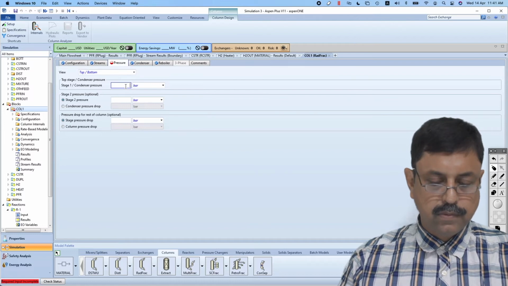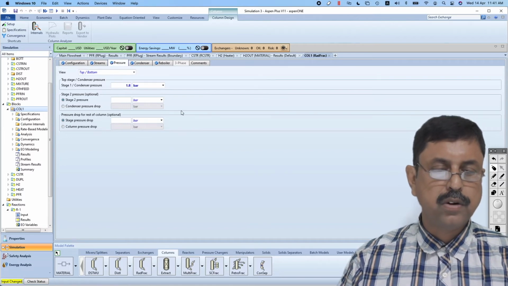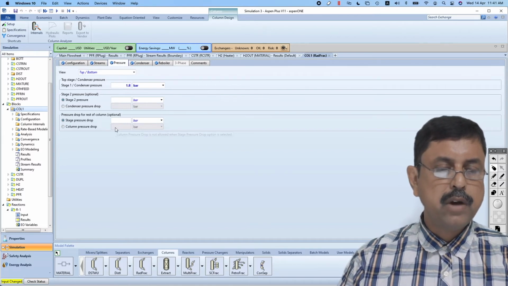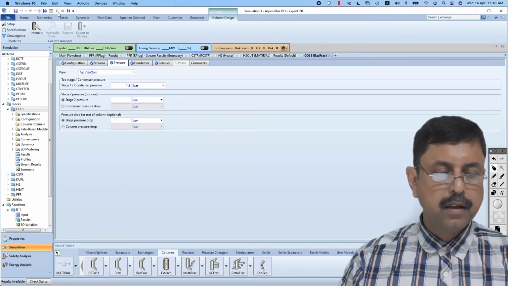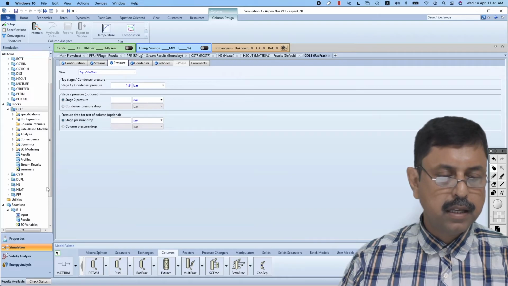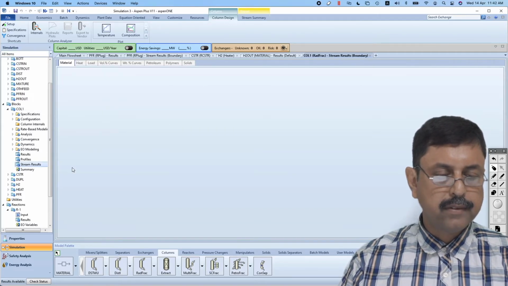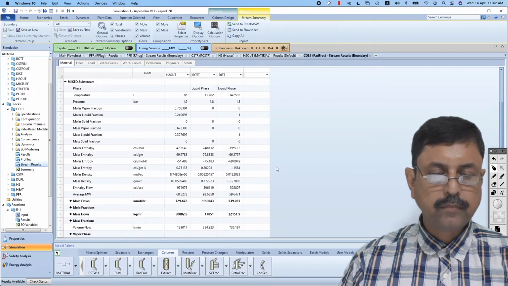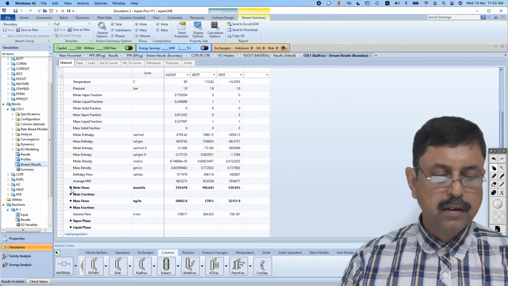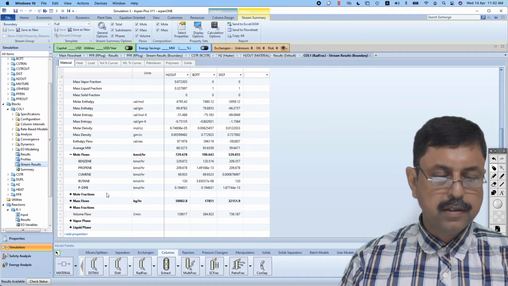Now it is ready to run. So run it and check the column results. Now see the column result.